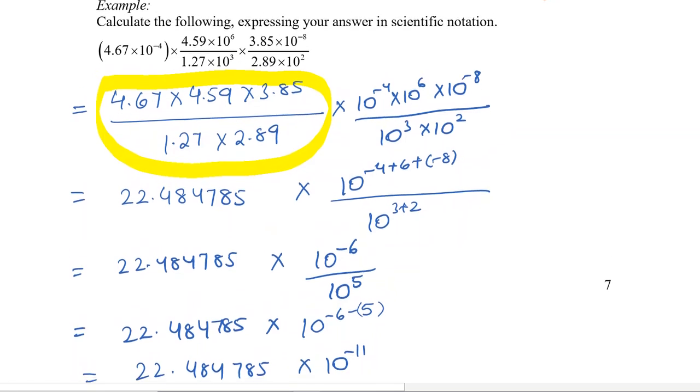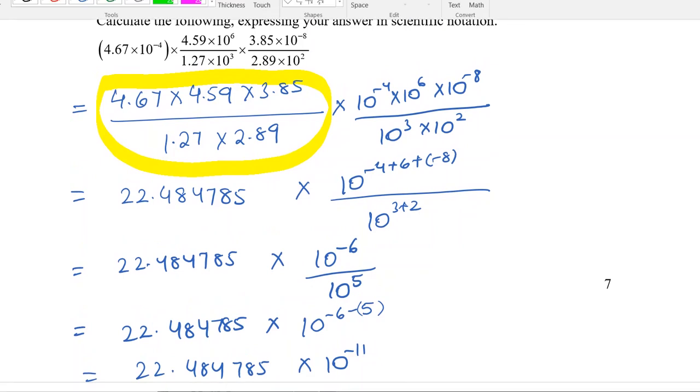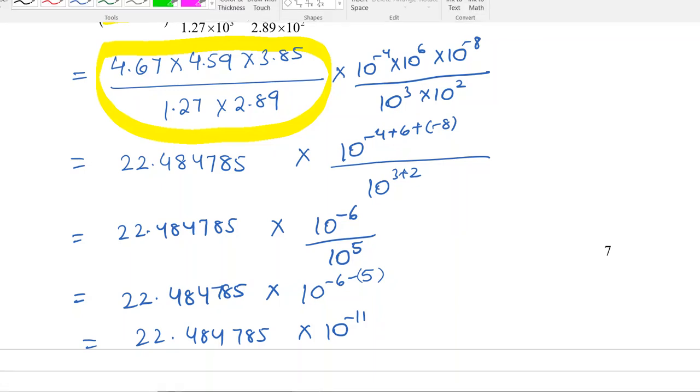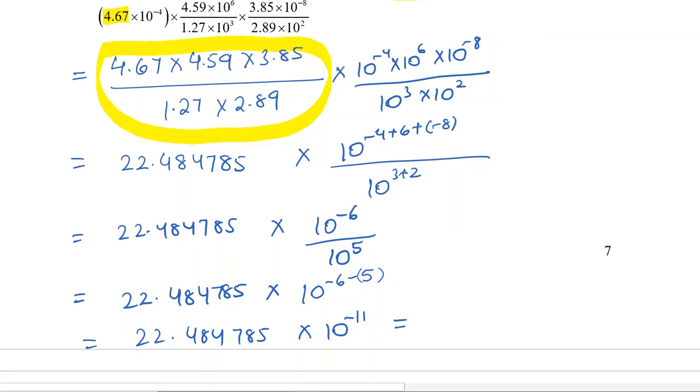It's saying that we need to express our answer in scientific notation. First, let's convert this into scientific notation. In this case, move the decimal one place to the left.